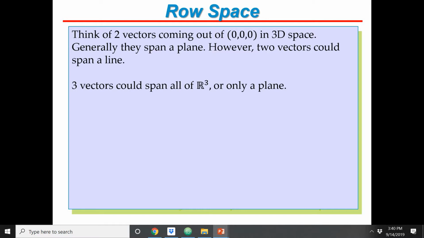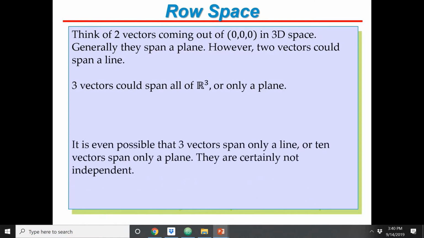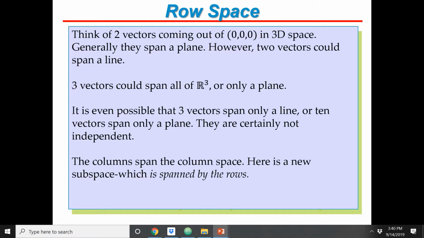You can define the space that you get by taking combinations of the rows, and that space is called the row space of the matrix. So we say that the rows span the row space, and again, these rows can be dependent, can be independent, so they can span the whole of Rn or maybe some subspace of Rn, exactly similar to the examples we have seen regarding the column space.